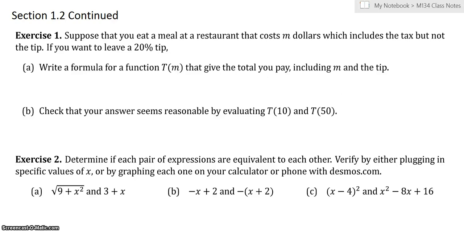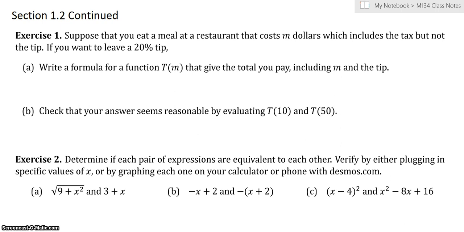Hello again. In this video, we're going to continue with section 1.2, exercise 1. It says, suppose that you can eat a meal at a restaurant that costs M dollars, which includes the tax but not the tip, and you want to leave a 20% tip.